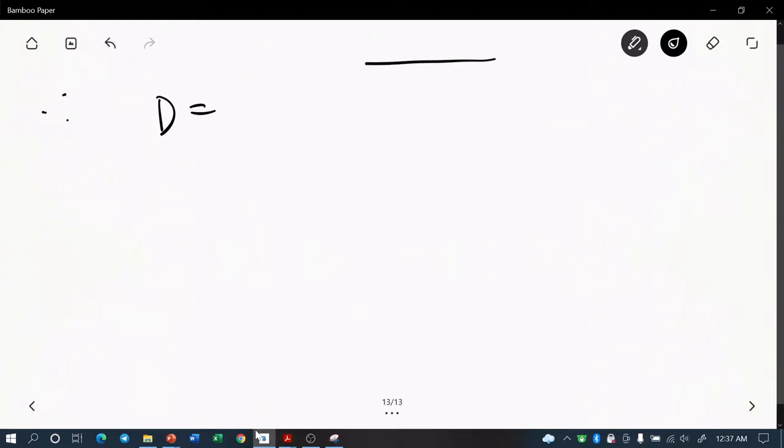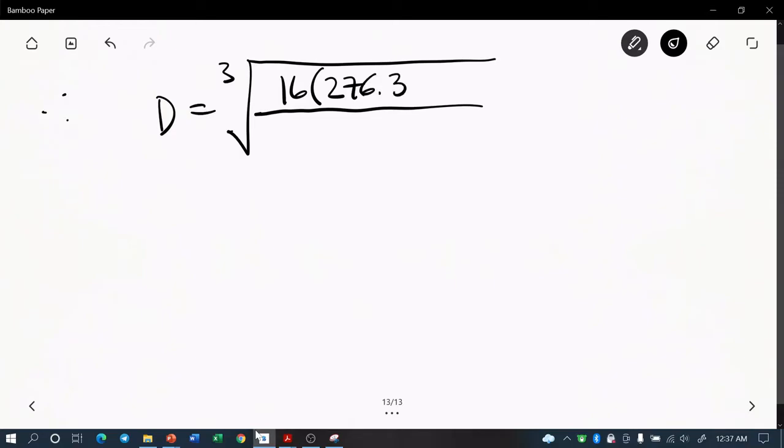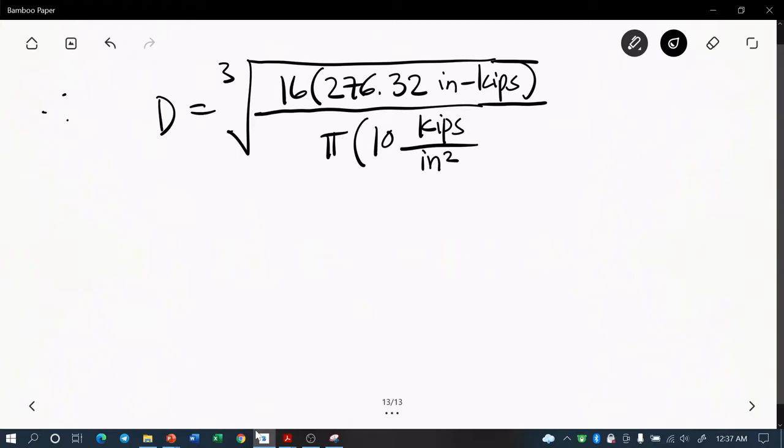The diameter is equal to the cube root of 16 times the torque, 276.32 inch-kips, over pi times the design stress, which is 10 ksi, or 10 kips per square inch. The kips cancel, and under the cube root it should be in inch cubed.